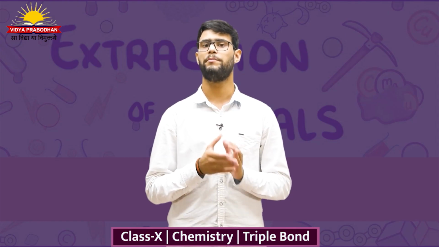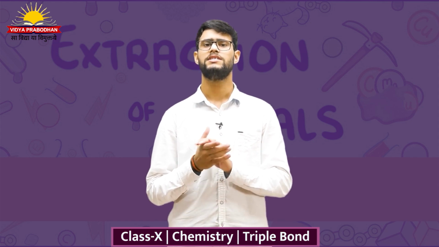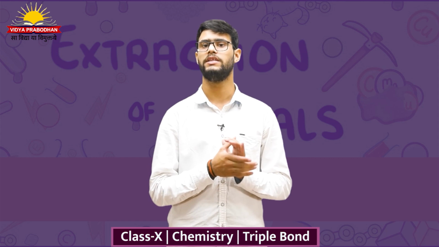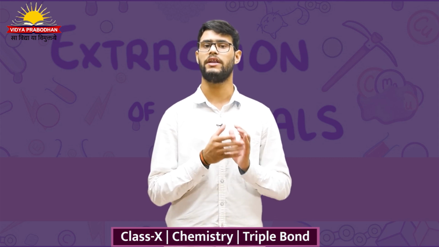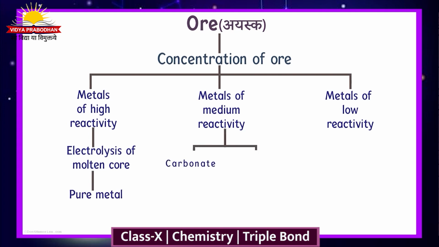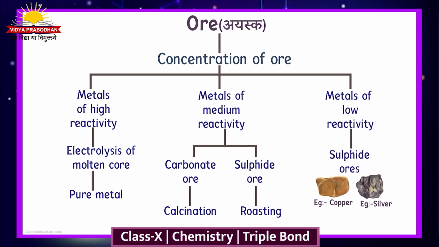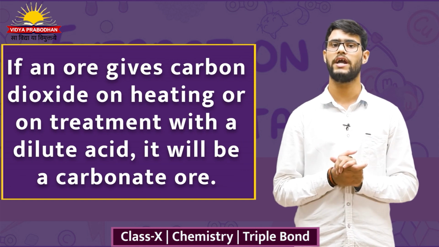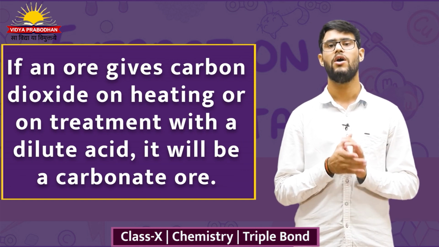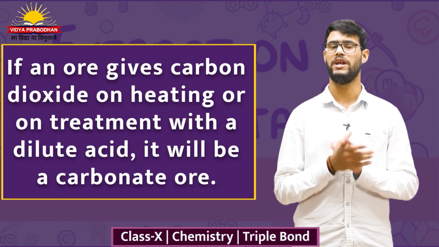It is clear from the previous discussion on the extraction of metal that several steps are involved in the production of pure metal from their naturally occurring ores. The summary of various steps involved in the extraction of pure metal from their ore is given here. Please note that if an ore gives carbon dioxide on heating or on treatment with a dilute acid, it will be a carbonate ore.